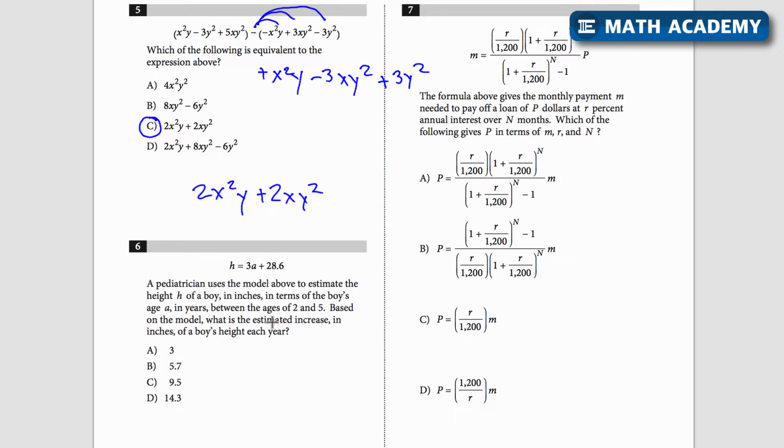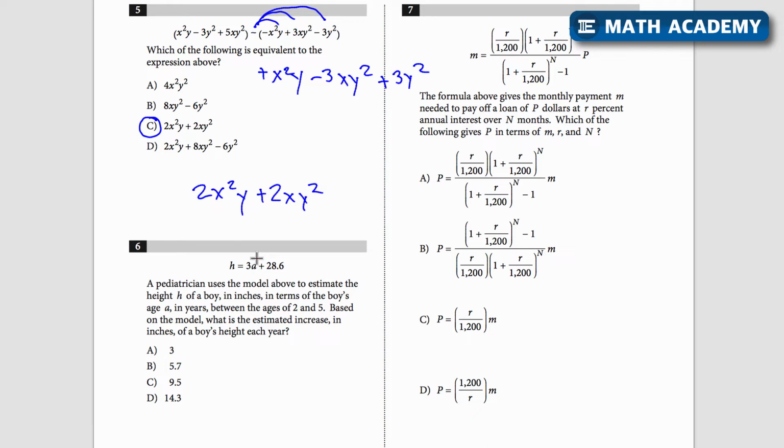So let's just get these units straight. H is going to be the height in inches, and then A, it told us, is the age in years. It said between the ages of 2 and 5. It's asking for the estimated increase in inches of a boy's height each year. So each year, how many more inches would a boy with this model be?